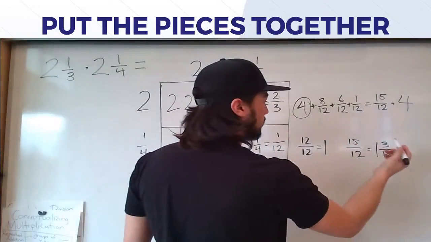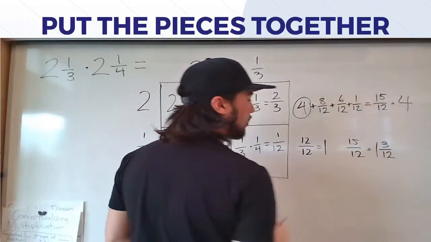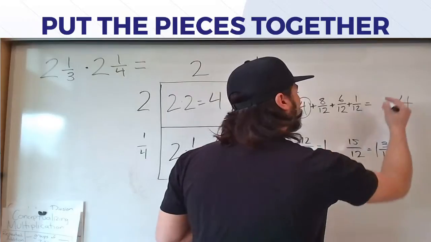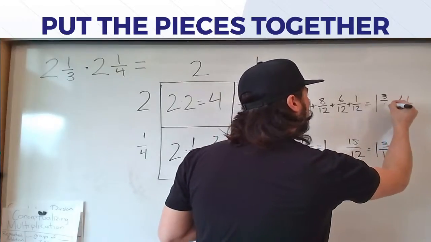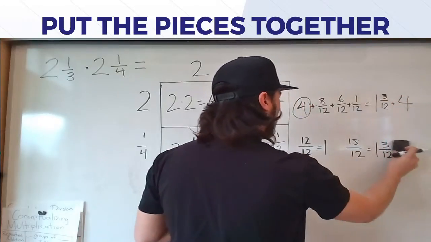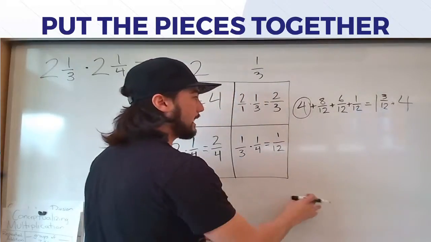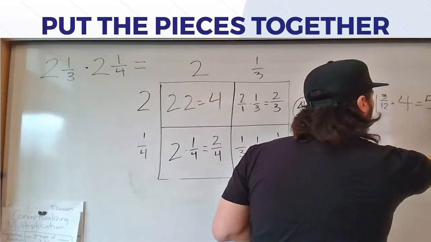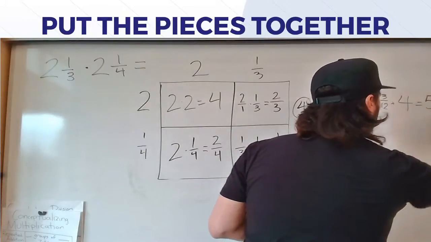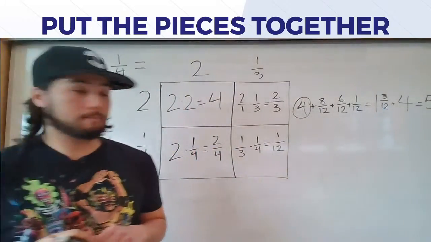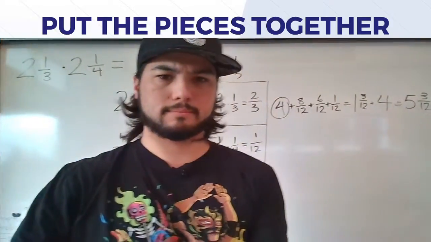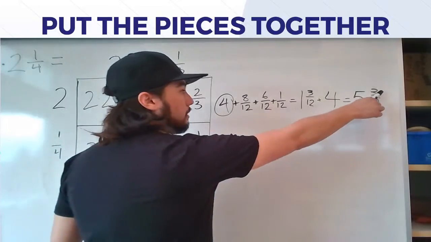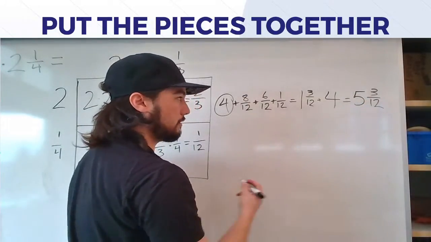So now we have our 15 twelfths, which we can erase and replace as 1 and 3 twelfths, plus 4. So let's add our whole numbers. 4 plus 1 is 5, and 3 twelfths. And if you wanted to reduce that, because 3 goes into 12 evenly, right?